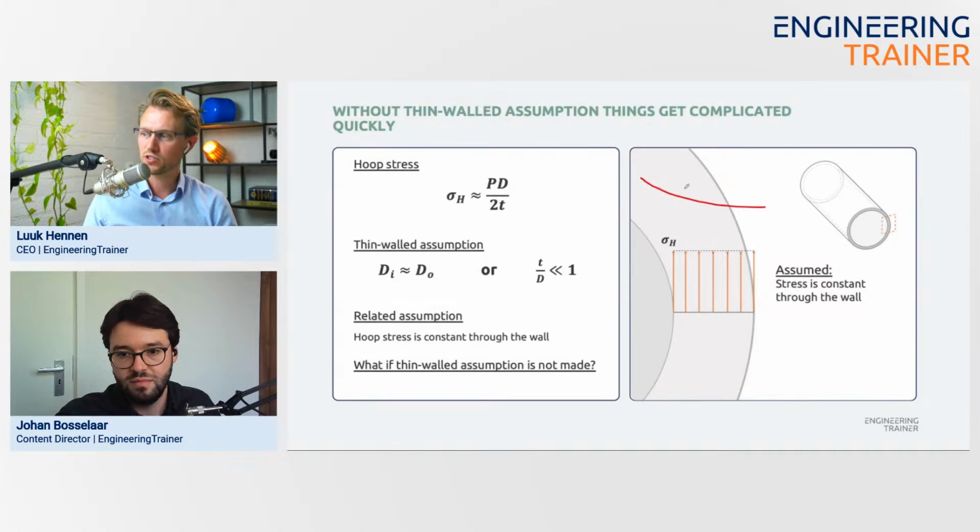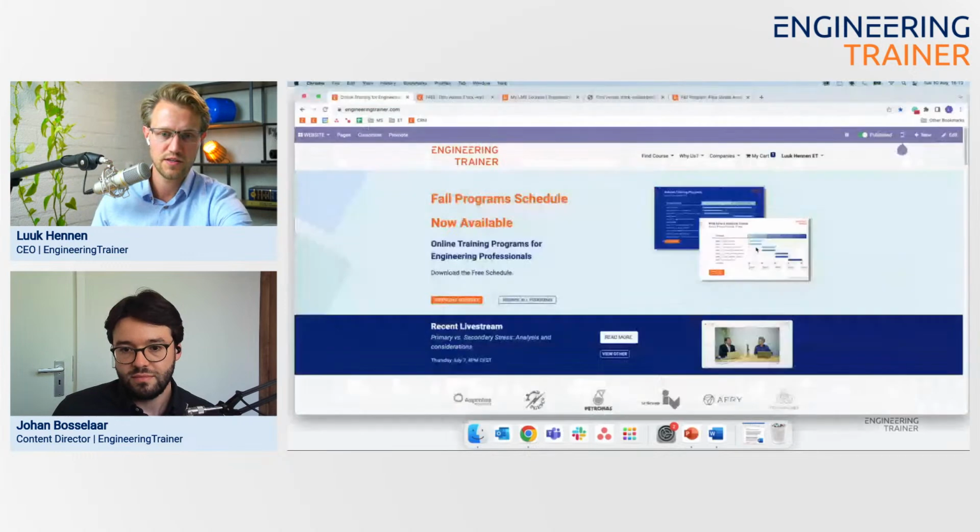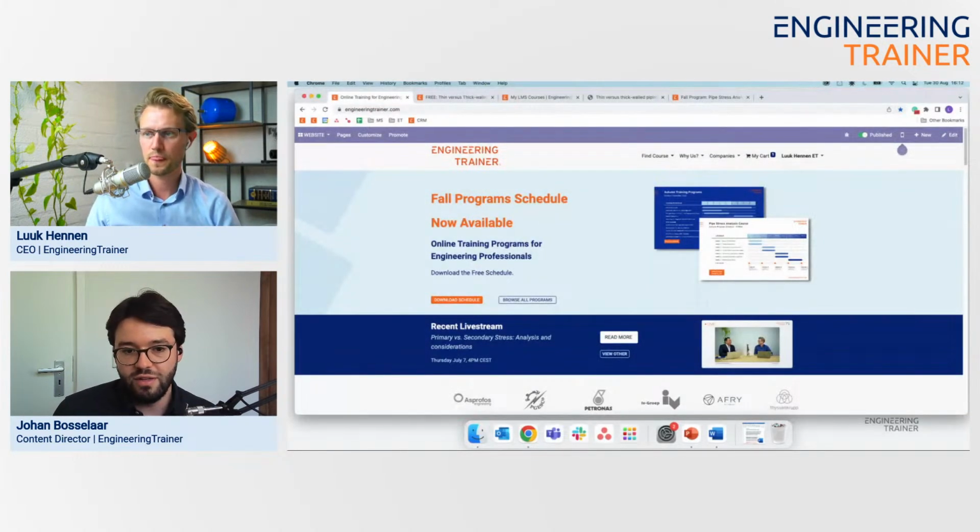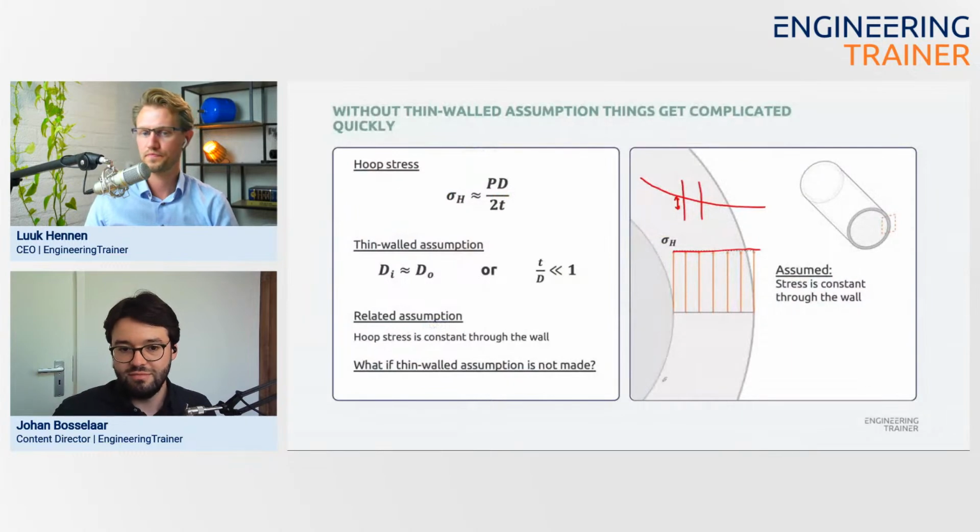The thin walled assumption is that as long as the wall thickness is not very big, for example this thin thickness, then the variation is also very small, so you neglect that variation. That is my understanding of the thin-walled assumption these days. As long as you make that assumption, it becomes a straight line in this visual. Yeah, if it's thin enough, you can assume it's just a constant value.